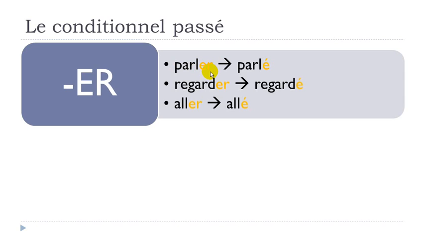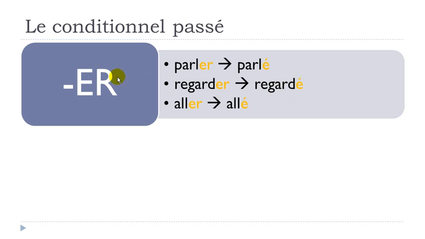And then the participe passé, this past participle, will be like that, parlé, with an accent aigu. Then the verb regarder will follow the same rule. Regardé, like that, with the accent aigu.